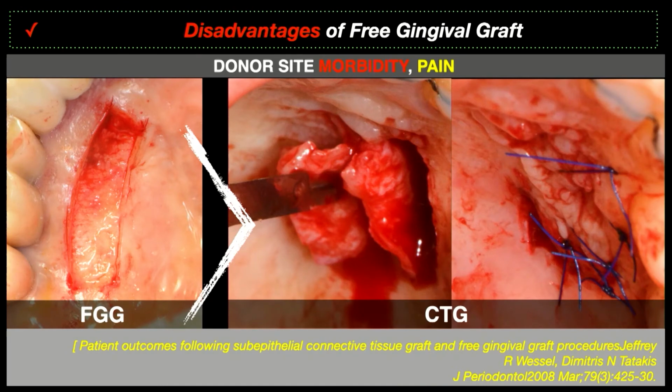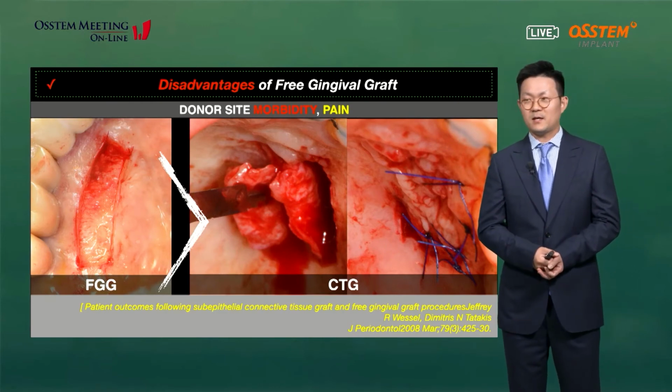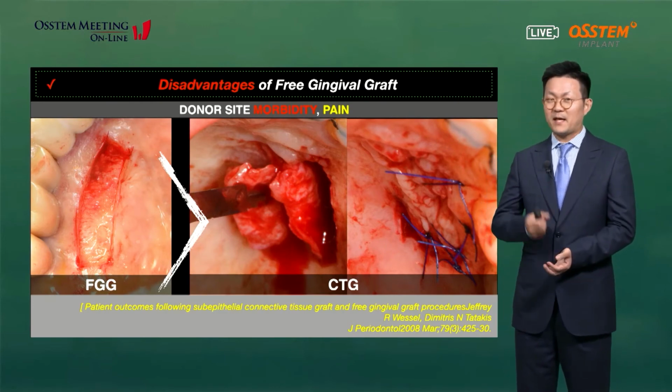So he concluded that APF is the key of the attached gingiva regaining, and free gingiva graft would be better. But there are some disadvantages of free gingiva graft. As you know, after donor side preparation, there is no keratinized tissue on the donor side, so donor side morbidity and pain can be the disadvantage.